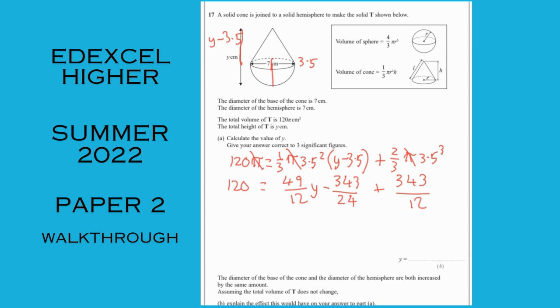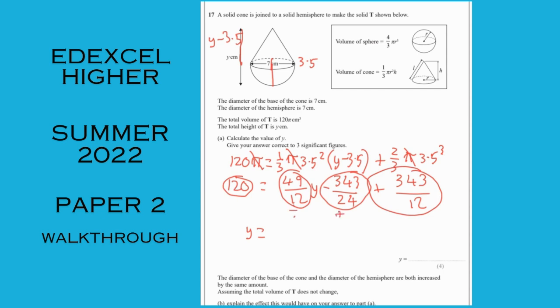So let's get everything to the left-hand side, because if we want y, I'm not going to write it all out. We need to start with 120 on your calculator, add this nonsense, subtract this nonsense, divide by the coefficient of y.